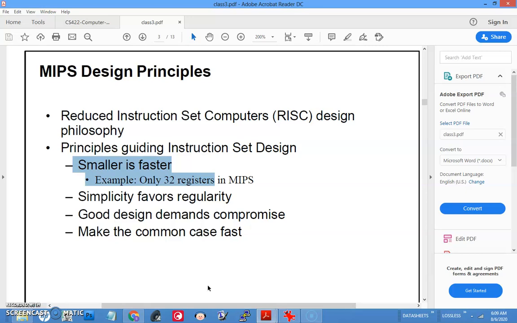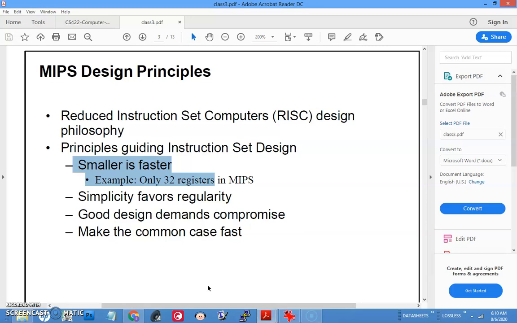So if we had more than 32 registers, we would require more than 5 bits to represent them. As the number of bits required for representing the registers increases, the instruction length also increases. When the instruction length increases, the time required to process it also increases.